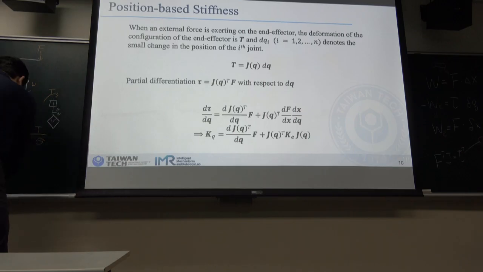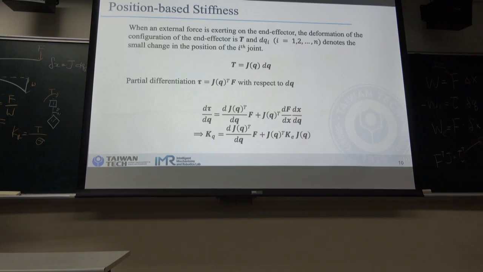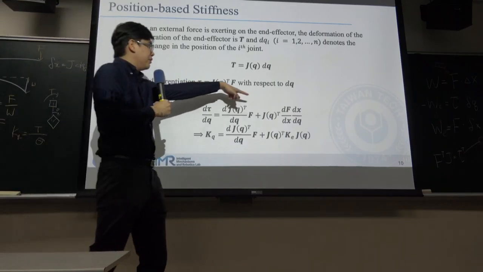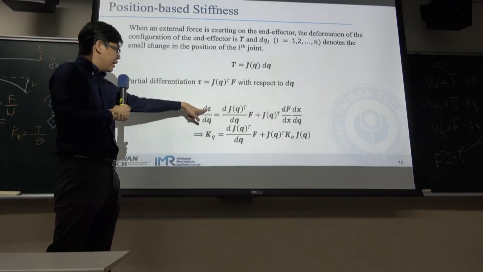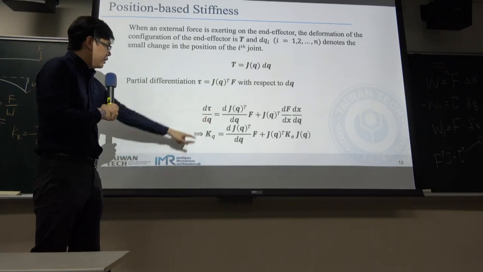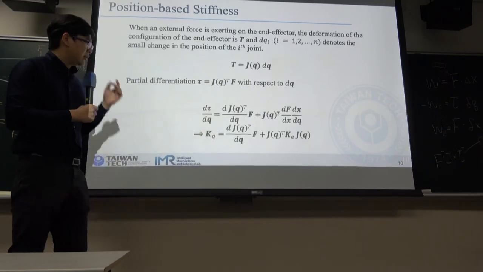T maybe you are not familiar with that. We can rewrite it as delta x equal to Jacobian times delta q. T is the delta x. And we can take the partial differentiation with respect to q, and we can get delta torque over delta Q. If you still remember, this one is the rotational stiffness.